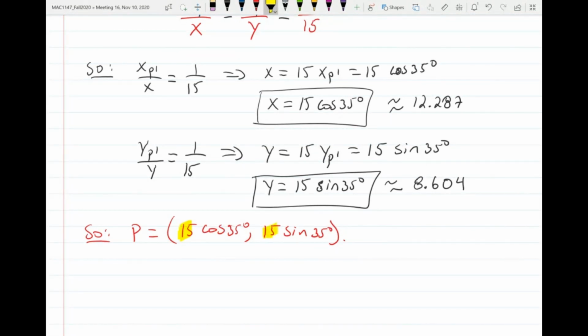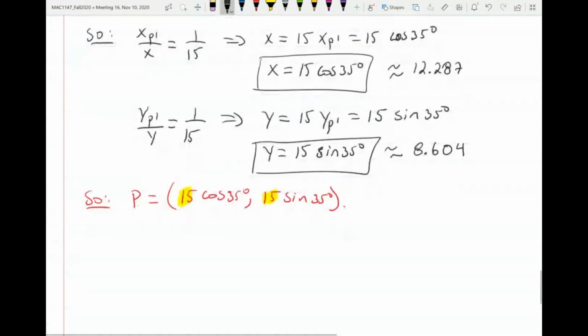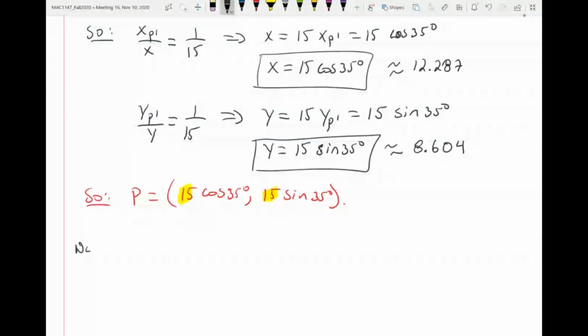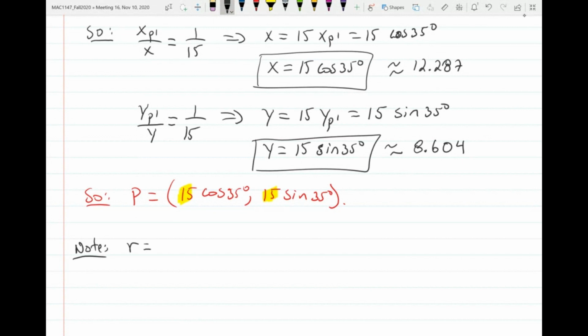In other words, just like in the unit circle, but we need to scale the coordinates of the point accordingly by the radius. So we are scaling by the radius. So note here r equals 15 is the radius of the circle.